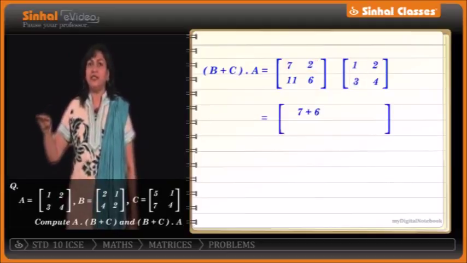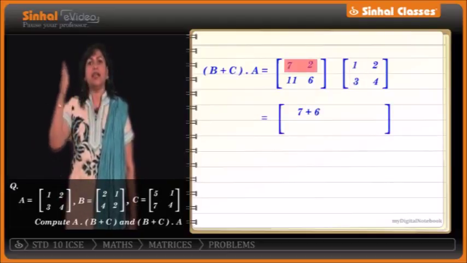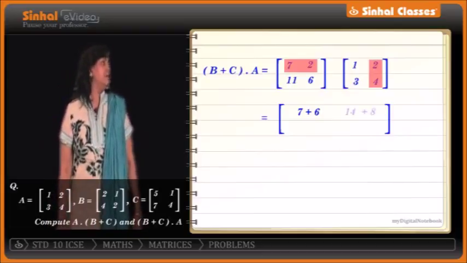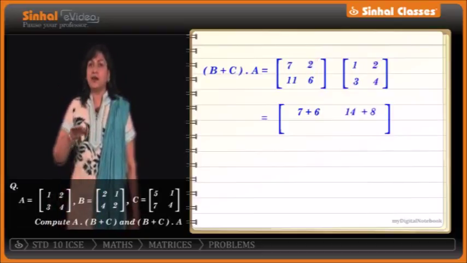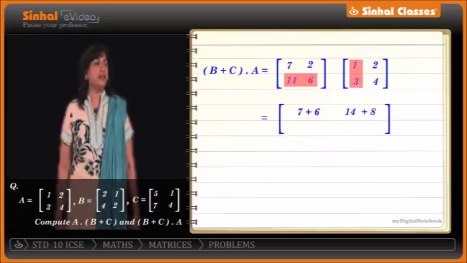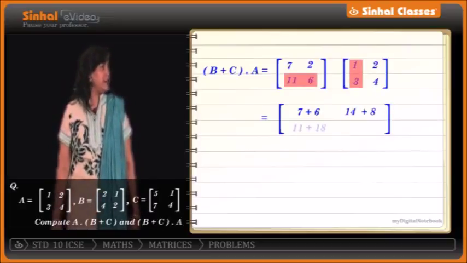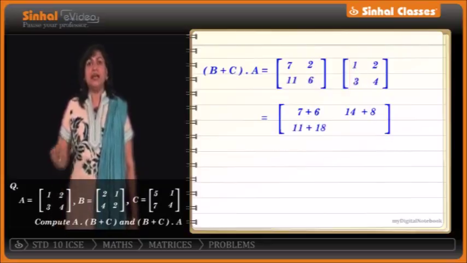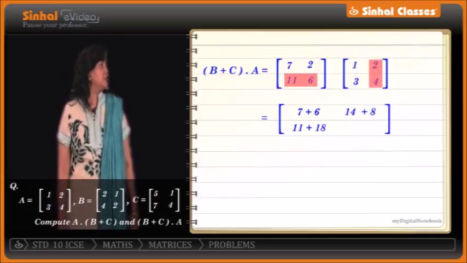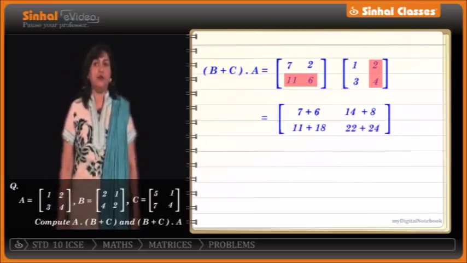The second element will be row 1 into column 2, that gives 14 plus 8. Third element row 2 into column 1, which gives 11 plus 18. And the fourth element row 2 into column 2, which gives 22 plus 24.